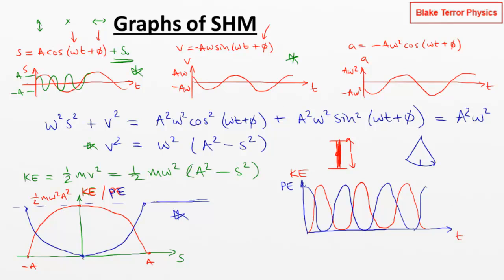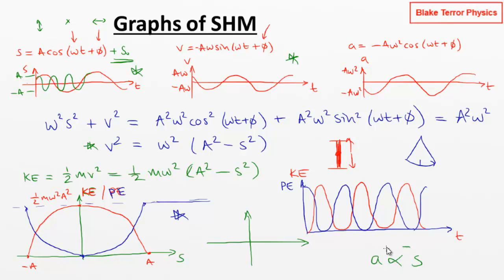And of course, just to never forget the other one that we've got, because sometimes they slip these things into questions where they want you to be able to spot that something's going to be moving with simple harmonic motion. Remember that for simple harmonic motion, our acceleration is proportional to the displacement, and it's in the direction towards the equilibrium point, so it's in the opposite direction.